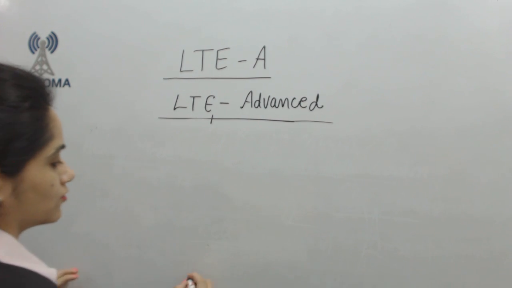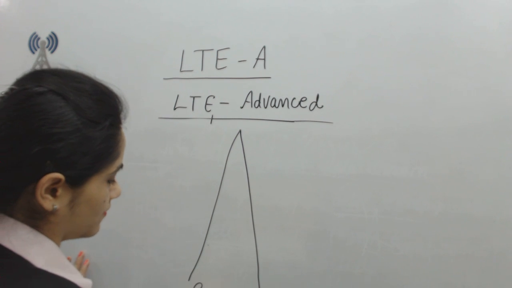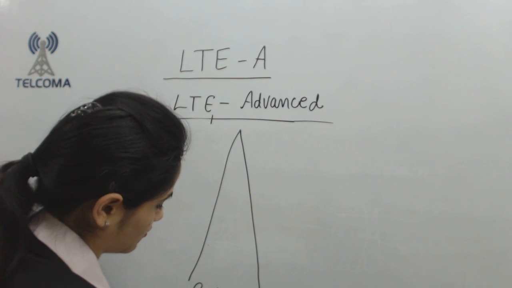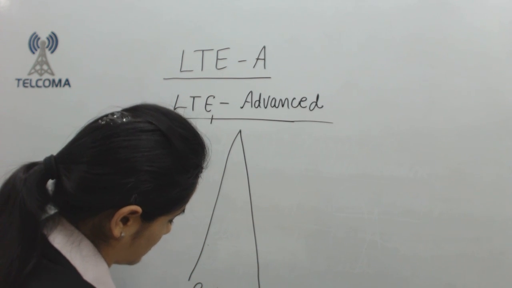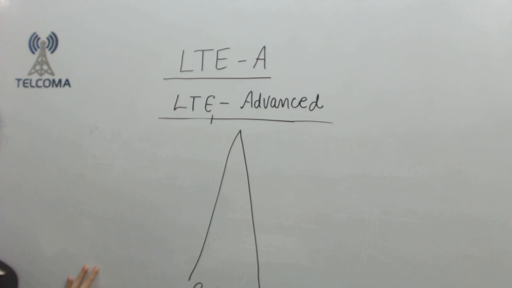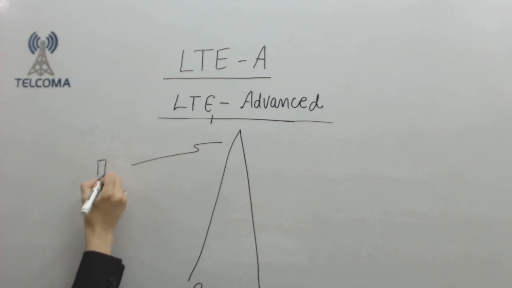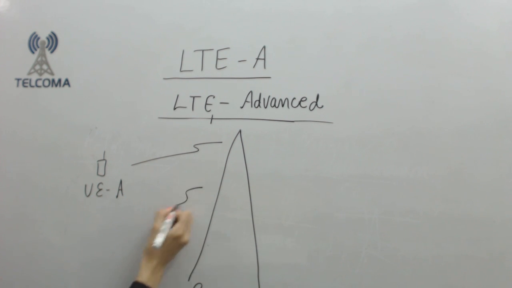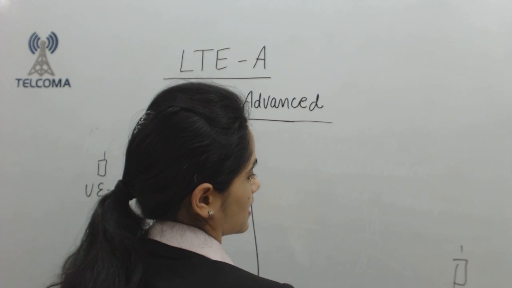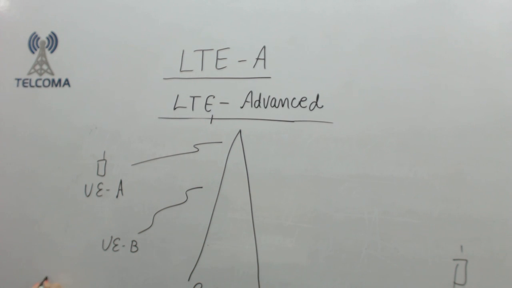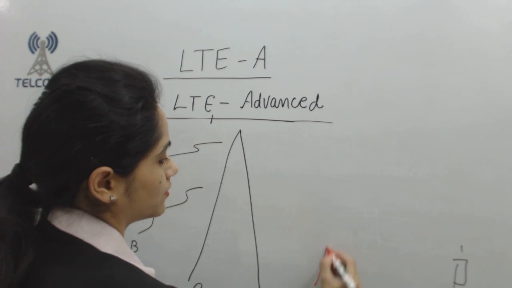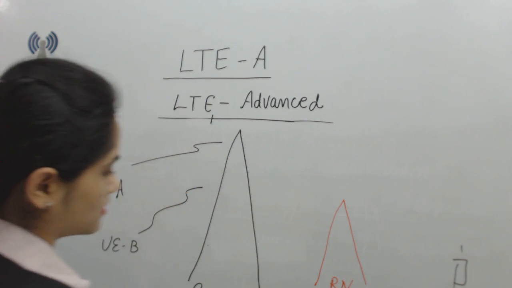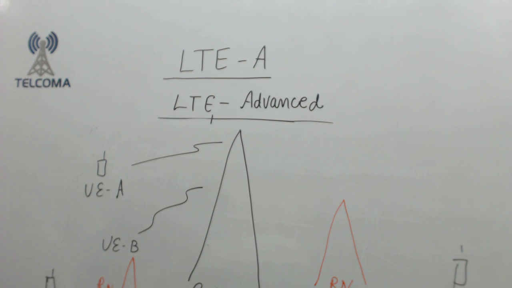Now we have an E-node B, and this one is my donor E-node B. It is connected to the UEs, for example UE A and UE B. At the cell boundary we have other UEs, UE C and UE D. In relay mode, we require to add nodes, so this is the relay node we are adding.